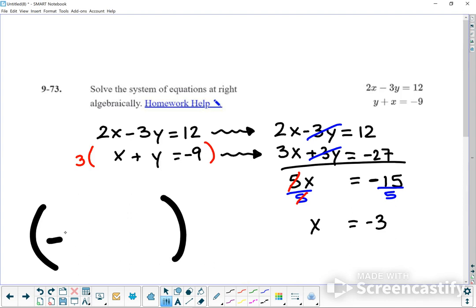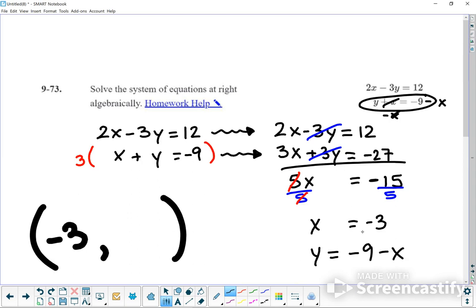So if x is negative 3, what's y? Well, I can use any of my equations, but I'm going to use the bottom equation. I'm going to take the x to the other side, so y is equal to negative 9 minus x. I'm going to put negative 3 in place of the x, because that's what x is.